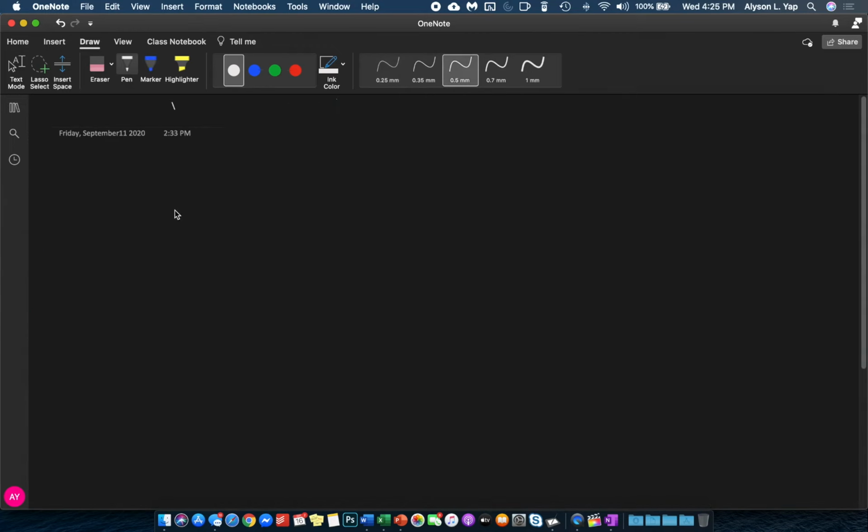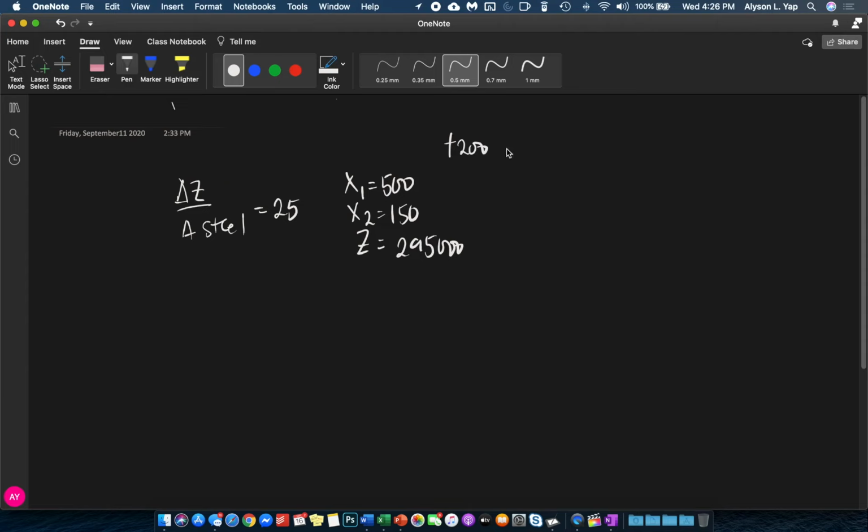There is a nice intuitive way in which we can explain the change in Z over change in steel value of 25. Remember, in our original optimal solution, x1 equals 500 and x2 equals 150 and a Z of 295,000. And then when we increase the steel by 200, we get a new optimal solution of x1 equals 600 and x2 equals 0 and a Z of 300,000.